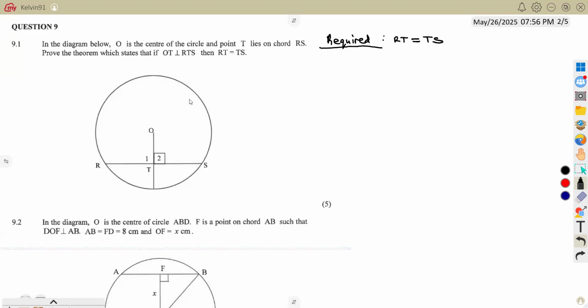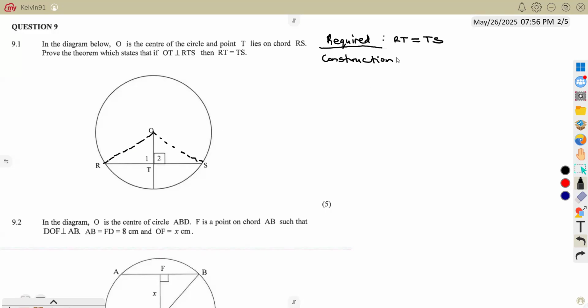To do the proof, we always start by construction. What is it that we are going to construct? We are going to construct radius OS, then another radius OR.